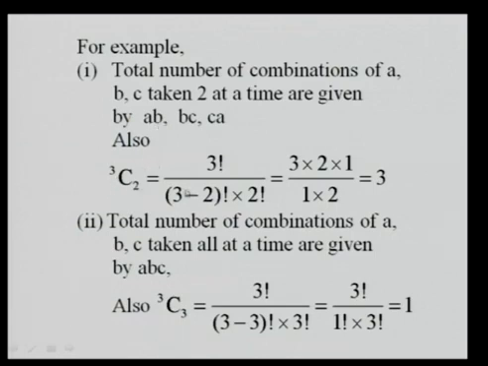And 3C2 comes out to 3, and AB, BC, CA is also 3. And the total number of combinations of A, B, C taken all at a time is given by ABC. There is only one group with the 3 letters A, B, C, and if we solve 3C3, this also comes out to 1.